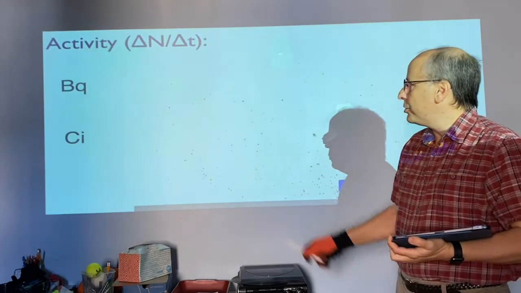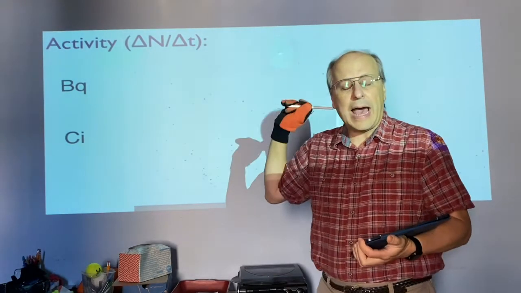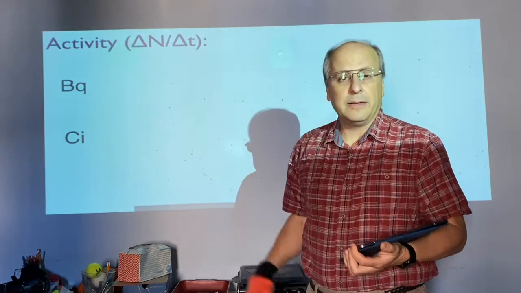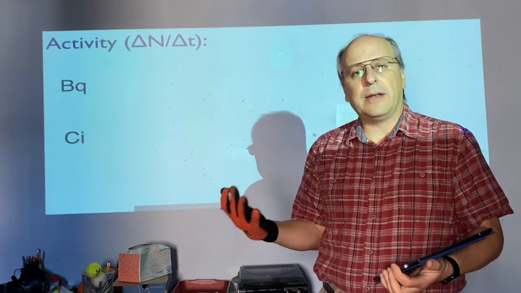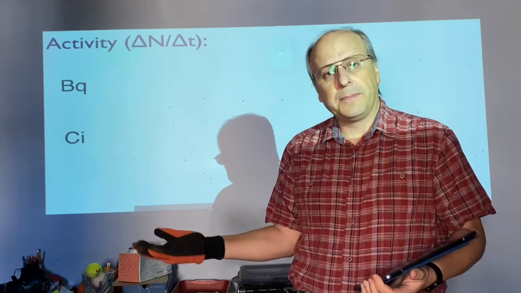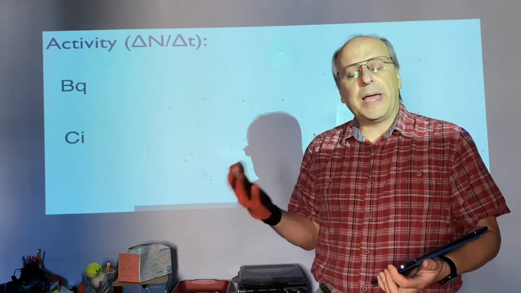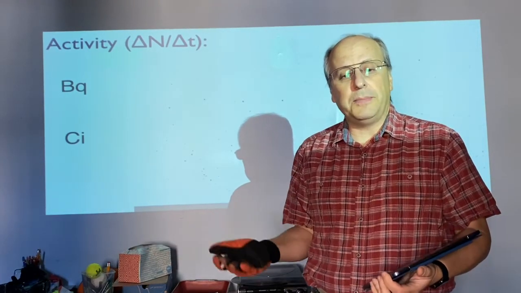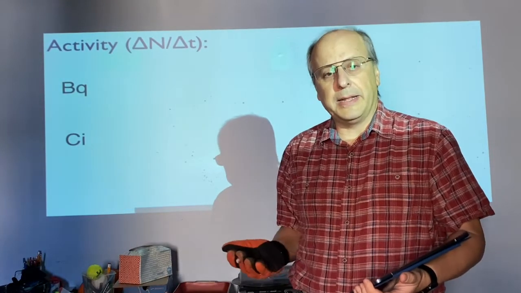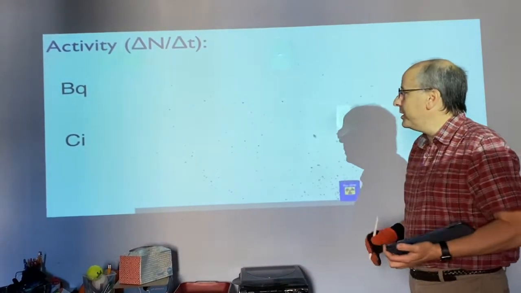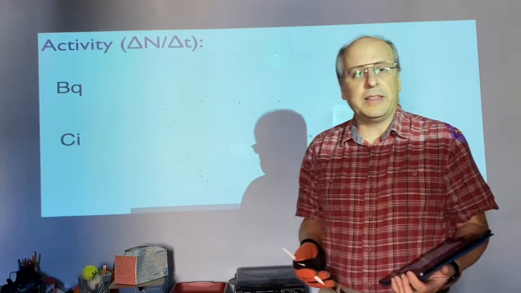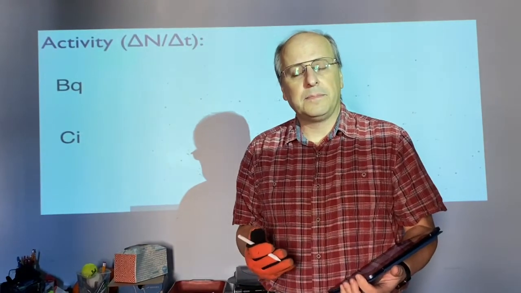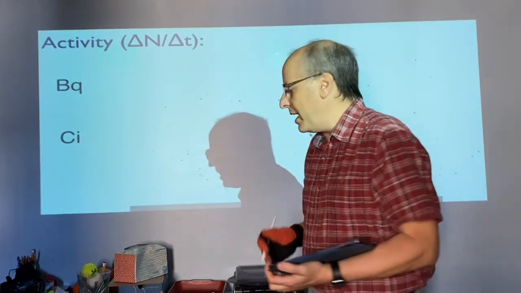Activity refers to the change in the number of atoms per second. So that tells us how many atoms have decayed per second. Activity. The best unit for activity would simply be decays per second. Now, unfortunately, just like with everything else, they're always trying to name units after different scientists.